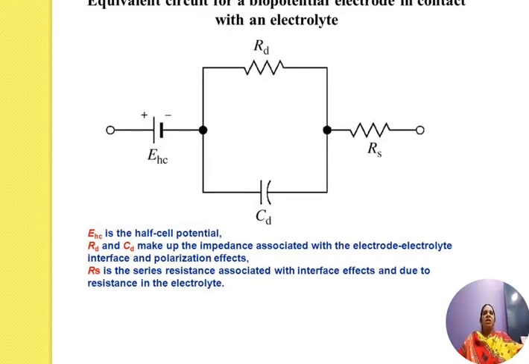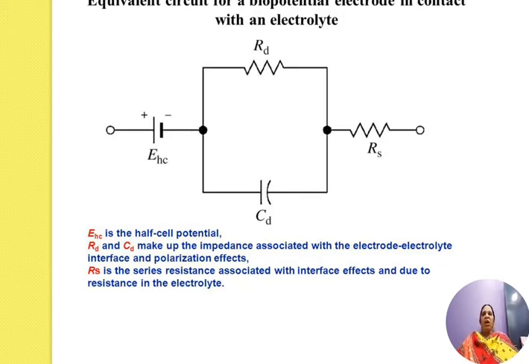EHC is the half cell potential. RD and CD are the impedances associated with the electrode-electrolyte interface and polarization effects. RS is the series resistance associated with the interface effects and due to the resistance in the electrolyte.